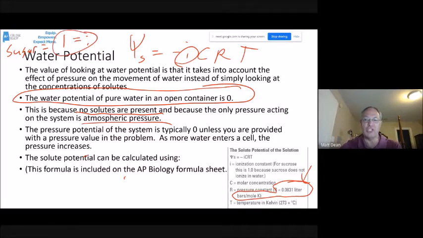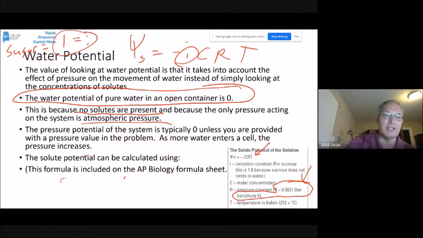Notice it has some strange units on it, liter bars over moles times K, but it's given to you. The temperature is T. That temperature has to be in Kelvin. And they almost always are going to give you the temperature in Celsius. So you're going to need to be able to convert Celsius temperatures to Kelvin. And all you need to do to make that conversion is add 273.